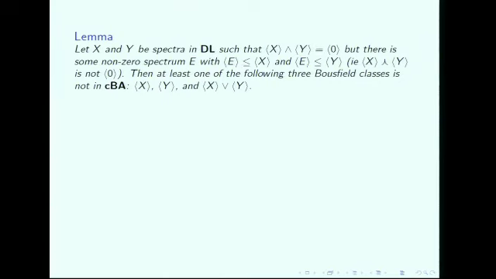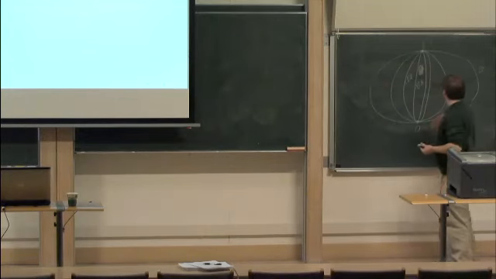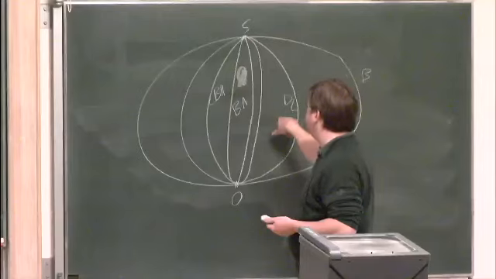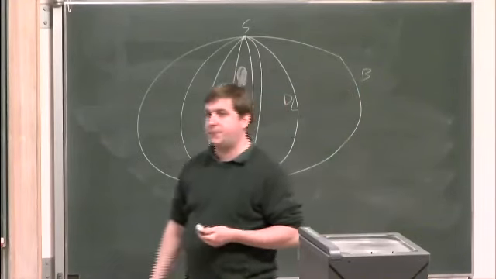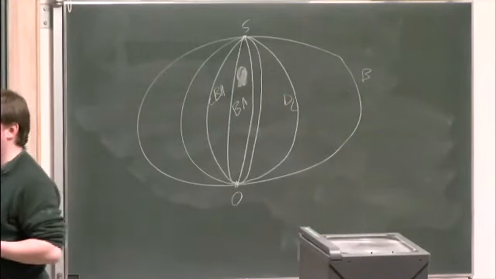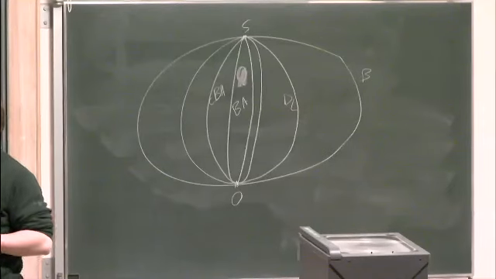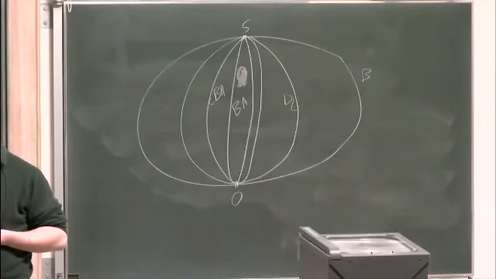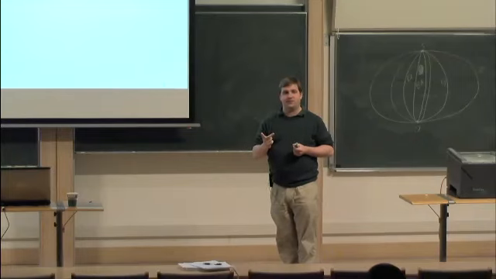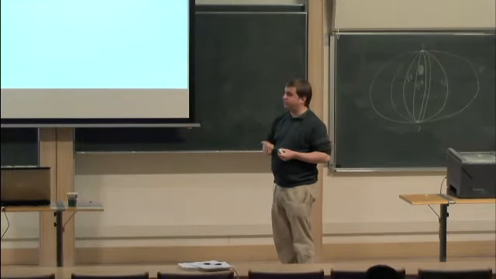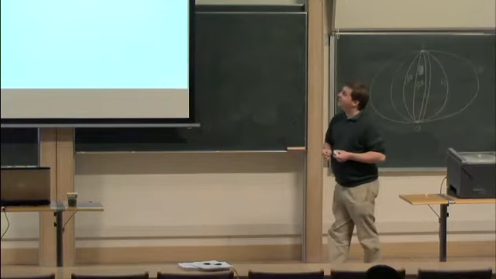So now let's come to the question of, can we get a concrete element of DL that's not in CBA? Well, we're not quite able to do that, but we can give you two options such that we know that one of them must fit the bill. And we can do that in uncountably infinitely many ways.